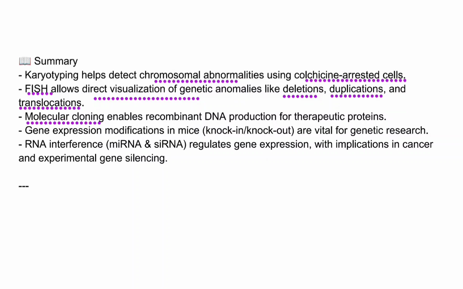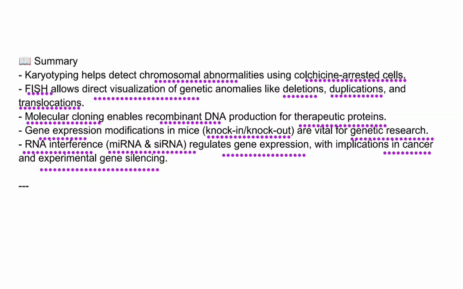Molecular cloning enables recombinant DNA production for therapeutic proteins. Gene expression modifications in mice, knock-in and knockout, are vital for genetic research. RNA interference, miRNA and siRNA, regulates gene expression with implications in cancer and experimental gene silencing. So we have discussed the summary of our lecture.